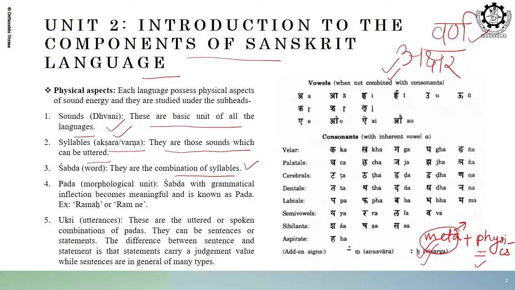When we want to ask which color of clothes you are wearing, we also use the word Varṇa. Which color shirt are you wearing? So, color is also denoted by Varṇa. This meaning is very important.